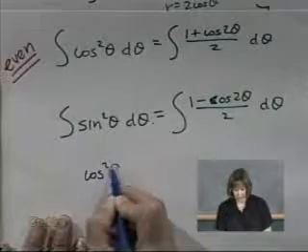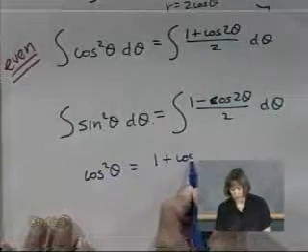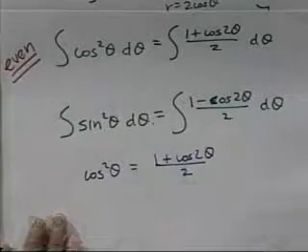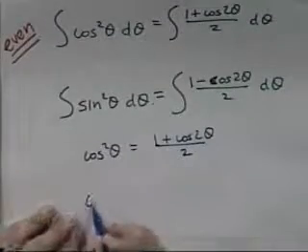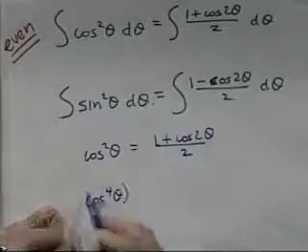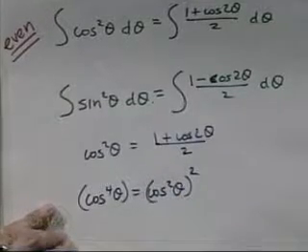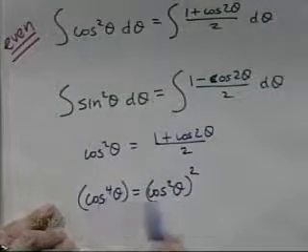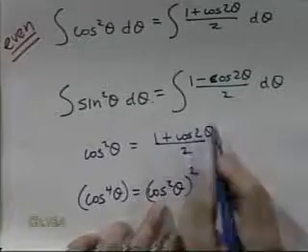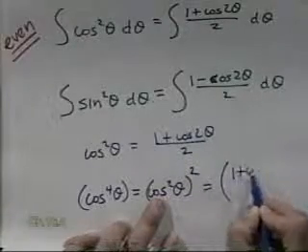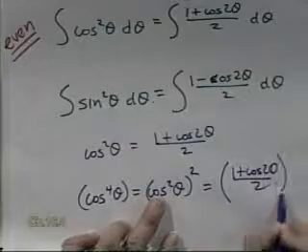Cosine squared theta we replace with 1 plus cosine 2 theta over 2. So if you have cosine to the 4th theta, think of that as cosine squared squared. So you're going to replace cosine to the 4th with cosine squared, and cosine squared you're going to replace with 1 plus cosine 2 theta over 2.